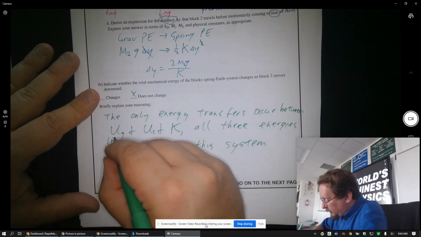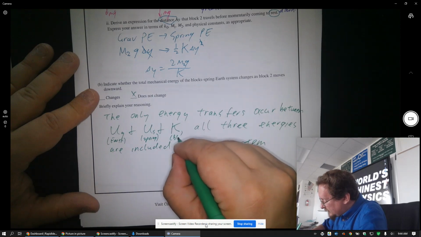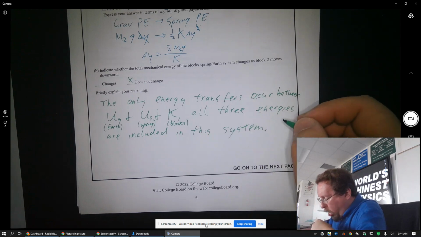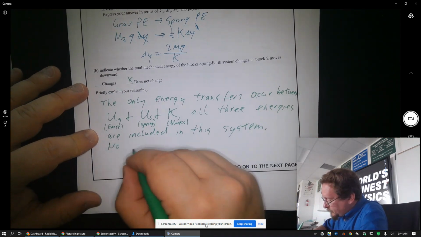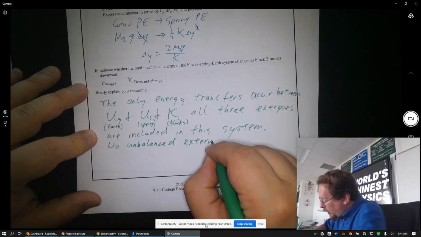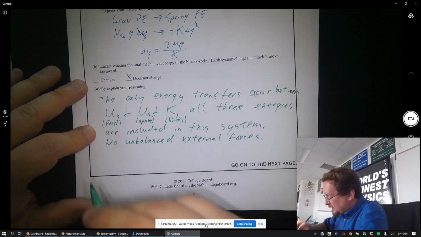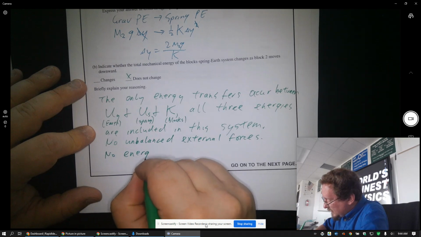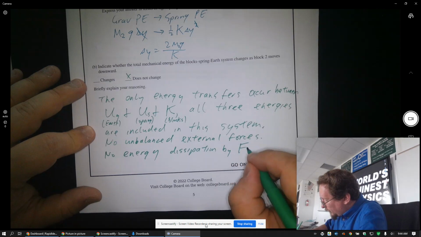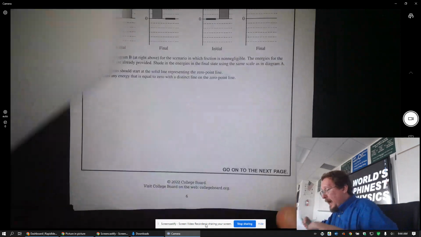The earth is in the system, so we have UG. The spring is in the system, so we have spring potential energy. The blocks are in the system, so we have the kinetic energy. There are no unbalanced external forces on this system, and there's no energy dissipation by friction. This is what do you want to hear? I don't know what's on the rubric, so I'm going to put down everything I know. All right.